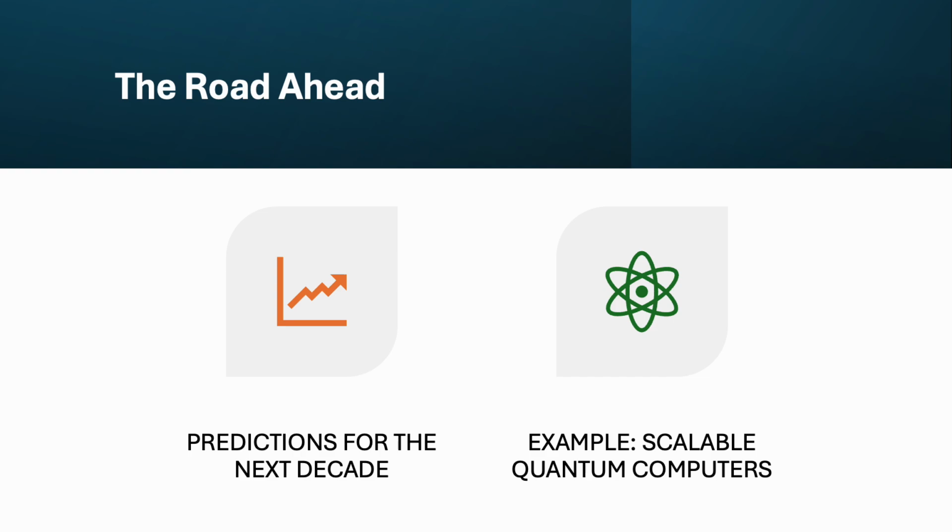And still others are experimenting with photonic qubits using particles of light, or topological qubits, a more stable but harder to build type. Most experts predict that within the next 5 to 10 years, we will reach quantum advantage or quantum utility, the point where quantum computers can solve practical real-world problems better than classical computers, particularly in areas like drug discovery, material sciences, and optimization.